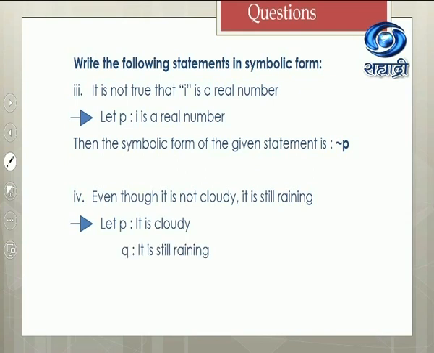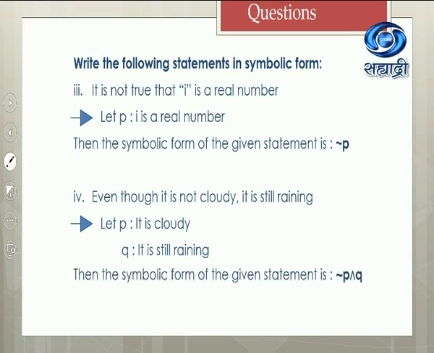Q statement is it is still raining. So the symbolic form of the given statement is negation P and Q. Here students observe that for the P statement we have written it is cloudy. But what is the given original statement? Even though it is not cloudy. Therefore it is negation P and Q, because the word though has come, so and will come and then you write the statement Q. In this way we can obtain the symbolic form.